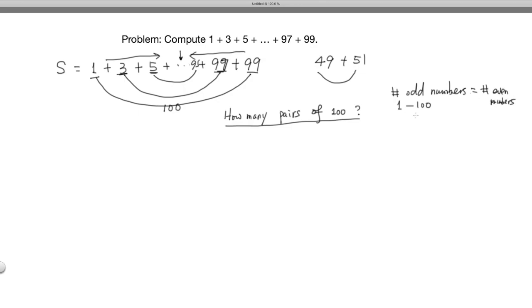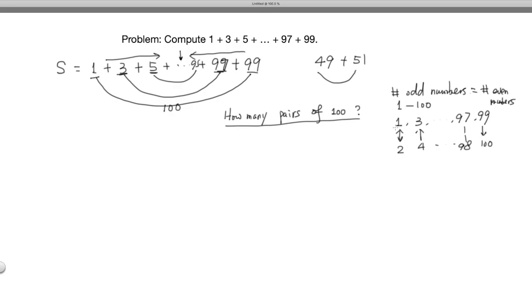You can establish a mapping from 1, 3, 97, 99 to 2, 4, 98, and 100.